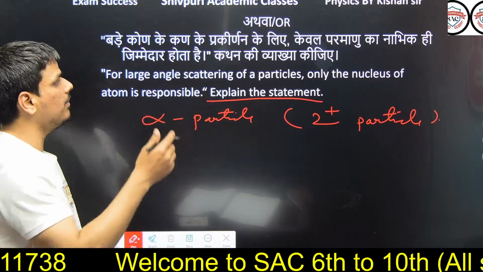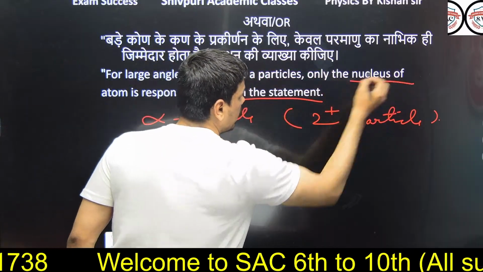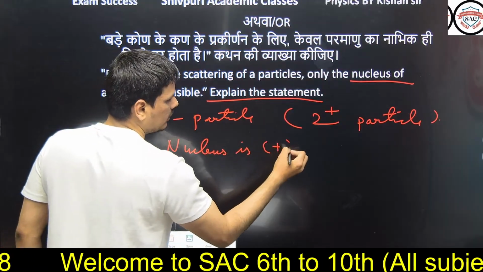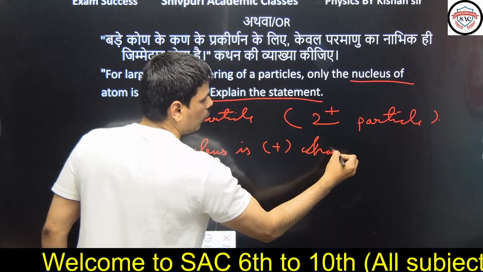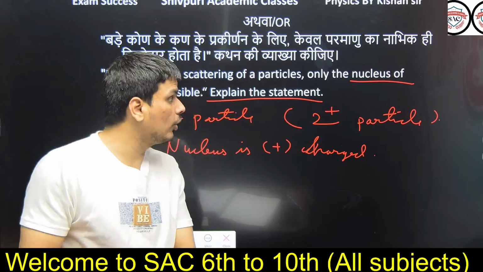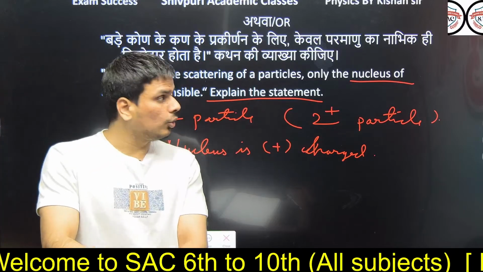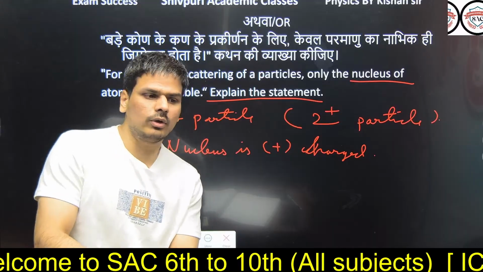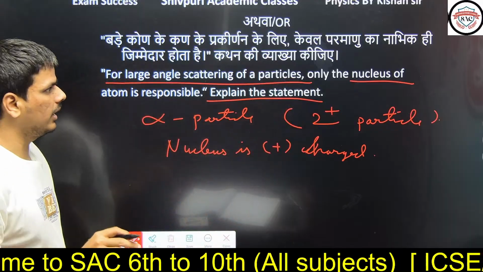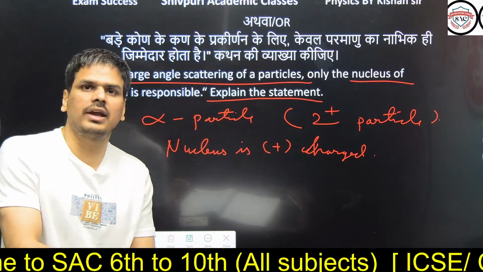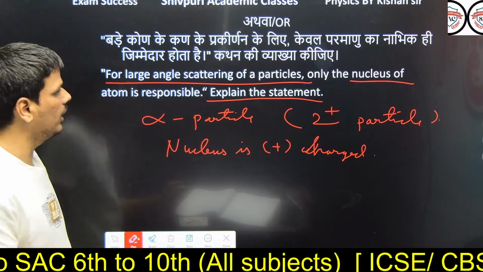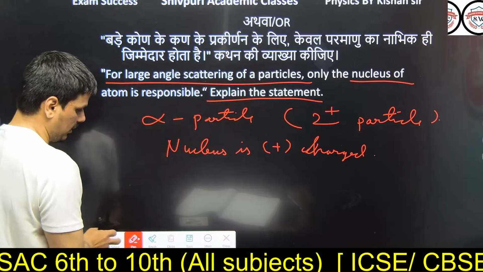So it can only be deflected or scattered by the nucleus, because the nucleus is positively charged. Two positive charges will always repel each other. So for large angle scattering, only the nucleus of the atom is responsible because the electrons have no say in it, and only the positive particles in the nucleus scatter the alpha particles.